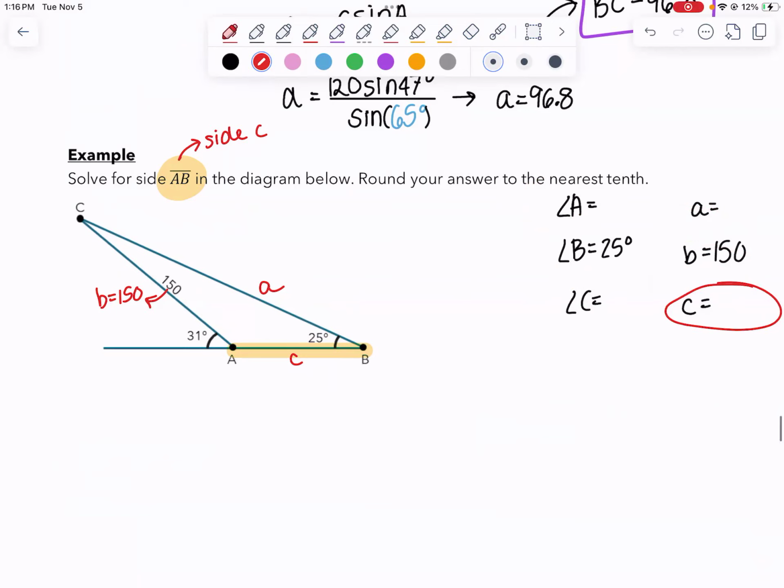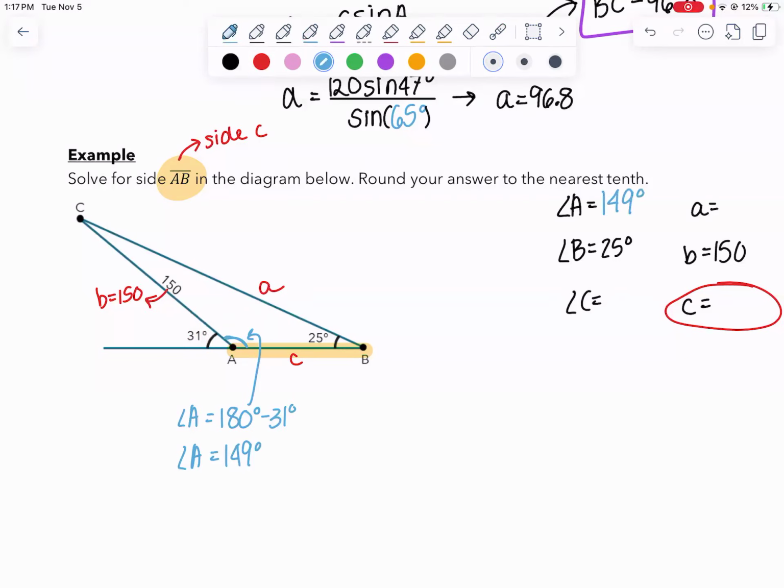So I notice right down here, this would be a 180-degree angle if you went straight across. And this is a 31-degree angle. So to find this missing angle, angle A, we're going to call it, it is 180 degrees minus that 31-degree angle. So that is 149 degrees.